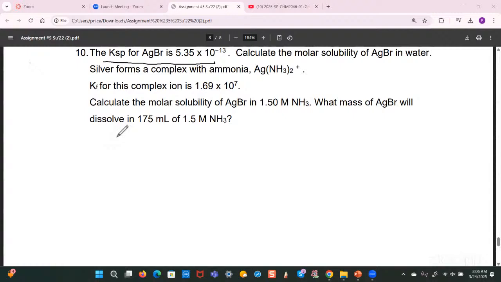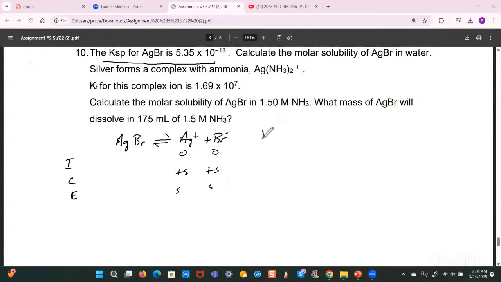So in the case of silver bromide in water, we did an example of this already. Basically, this will give you Ag+ and Br minus. So if we write down the ICE table, this would be 0, 0. And then the change would be plus S, if S is the solubility, plus S. So at equilibrium, we're going to have S and S.